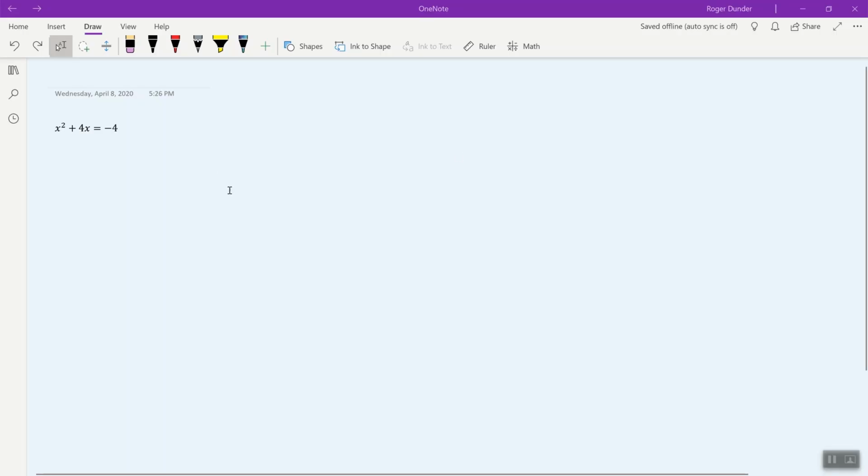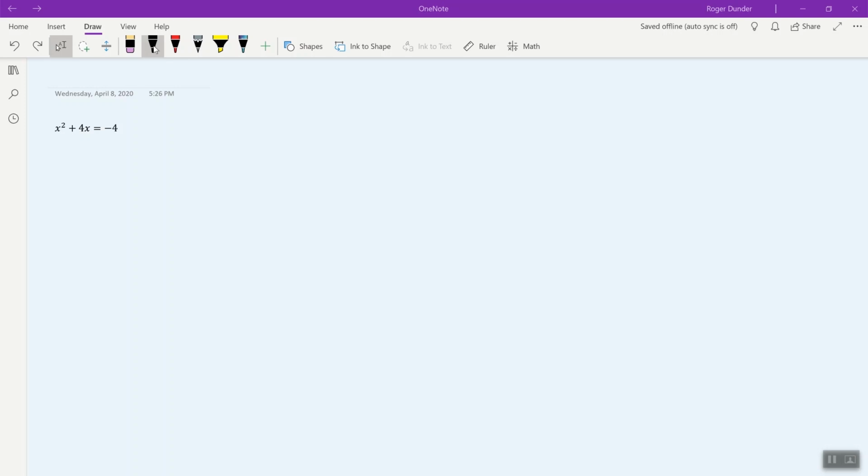So here I have an equation, x squared plus 4x equals negative 4. And we are going to solve this for x. Now you can see it's a quadratic equation. I think that's pretty clear. So how do we go about solving it for x? Well, I'm going to attempt to write on this screen.